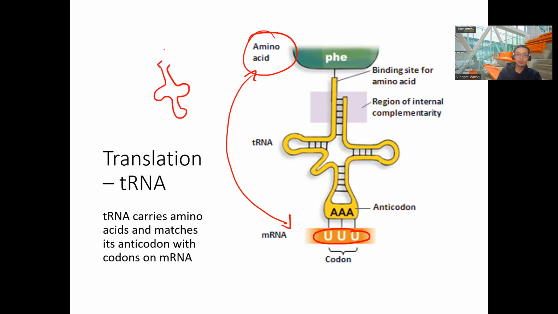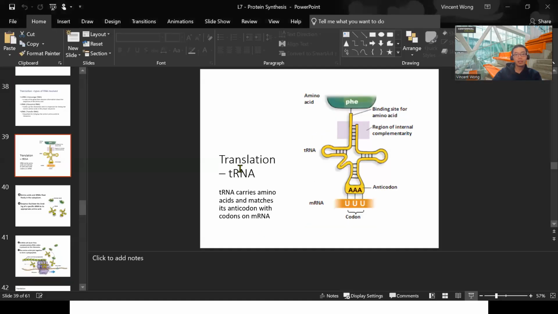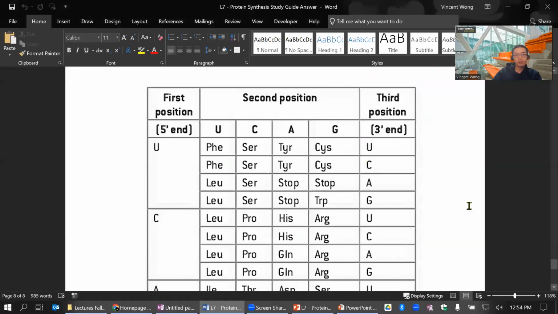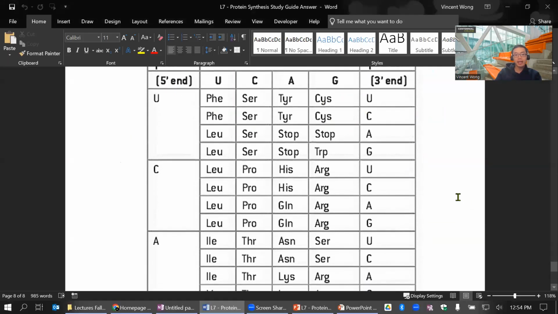If you have another tRNA right here, okay, and let's say this is UUU, and again, that's the anticodon, right? So what would the codon be? That's complementary. AAA. That's right, it would be AAA, right? And if we look up AAA on our codon chart, which is right here, okay, what does AAA code for?